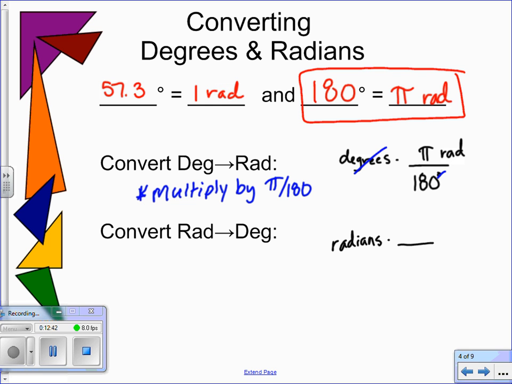In the numerator or in the denominator? In the denominator. So we'll put pi radians in the denominator and 180 degrees in the numerator. That way, radians cancels out radians and whatever we multiply is left over in degrees. So we could make a little note to ourselves over here, multiply by the reciprocal, 180 over pi.